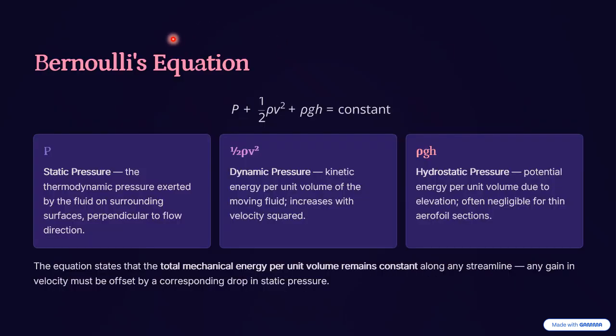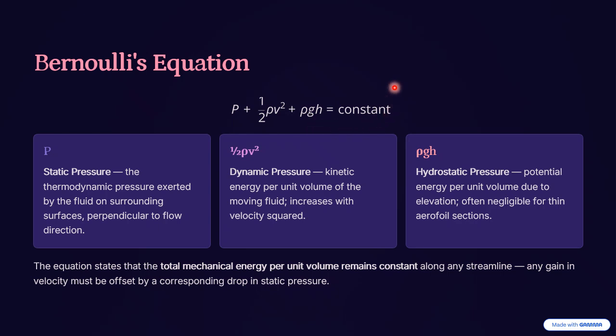Here in this slide, we have the mathematical form of Bernoulli's principle. The equation basically represents conservation of energy in a moving fluid. The first term represents the pressure energy. The second term represents the kinetic energy. And the third term represents the potential energy because of the height.